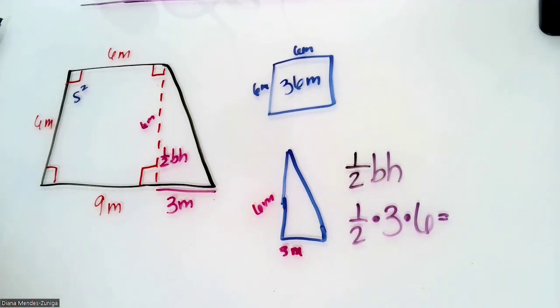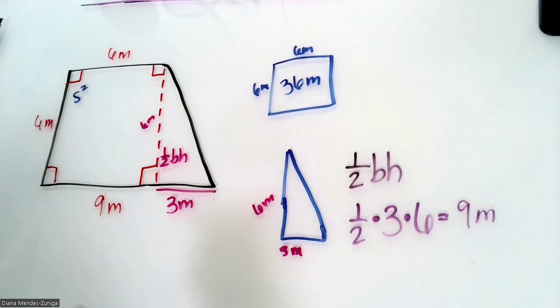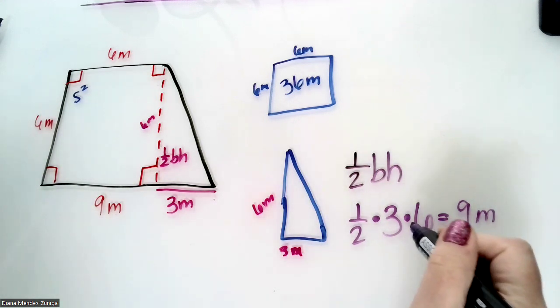And if we put that into the calculator, hit your ND button, and then you put in your half, and then you times 3, and then times 6, that gives us 9. So we have 9 meters for the triangle part.